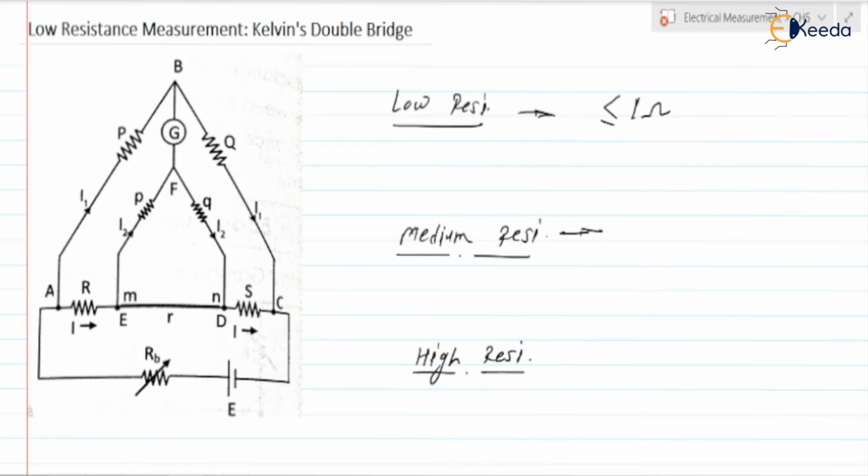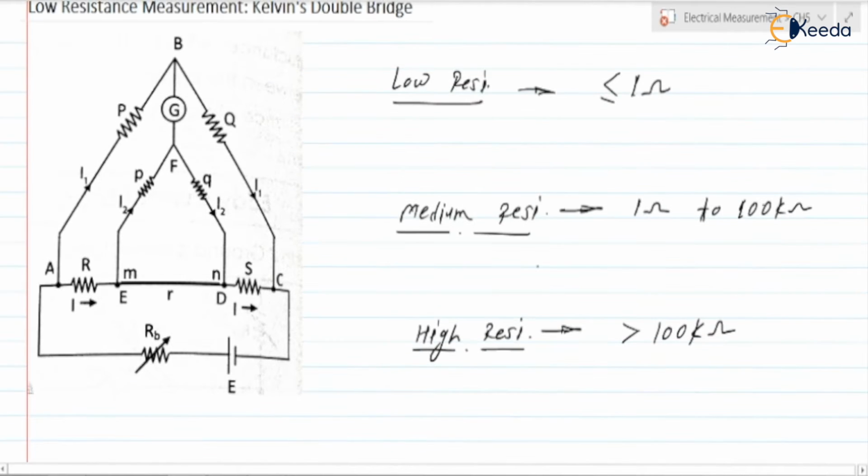Next, a medium resistance is a resistance which has a range between 1 ohm to 100 kilo ohm. And a high resistance is a resistance with a value greater than 100 kilo ohm.